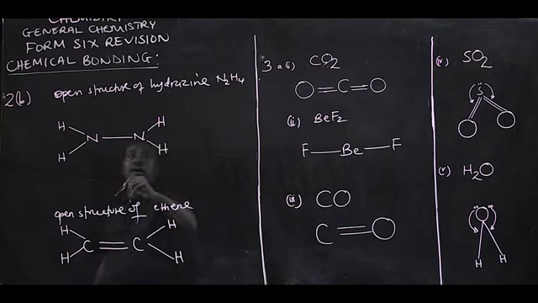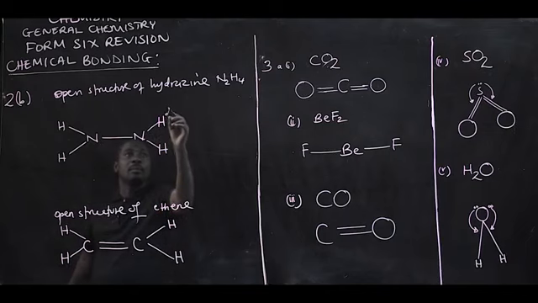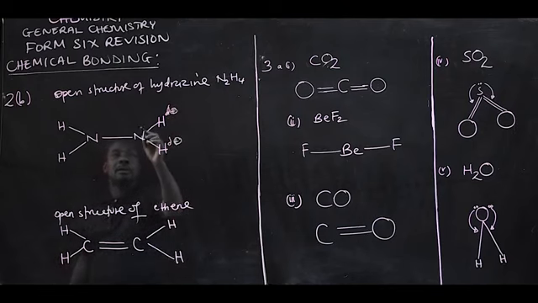Nitrogen is more electronegative than hydrogen, so nitrogen withdraws the bond electron pair from hydrogen, which results in the hydrogen bonded to nitrogen becoming partially positively polarized, and the nitrogen becoming negatively polarized.